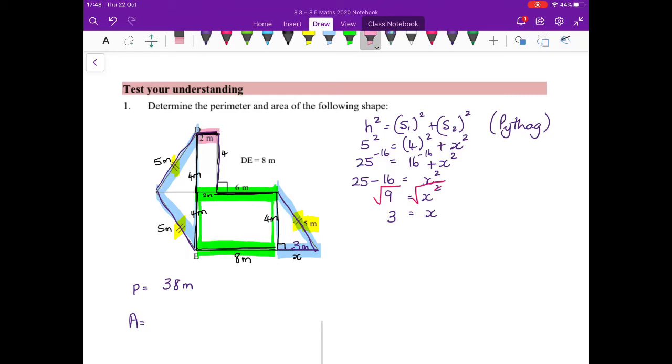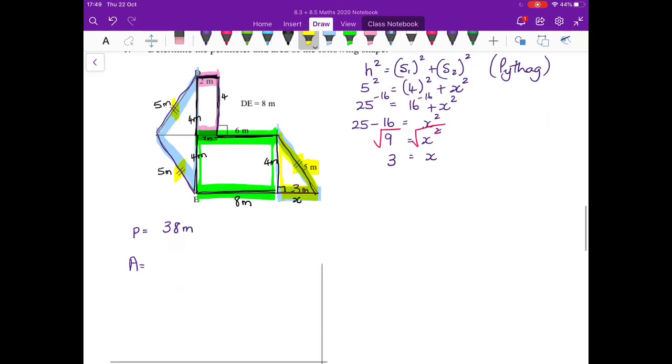I'm going to then find the area of this rectangle, and finally the area of this triangle. It's not very complex, it just looks quite scary. So let's have a look. I'm going to call this area 1. I'm going to call that area 2, area 3, and area 4.